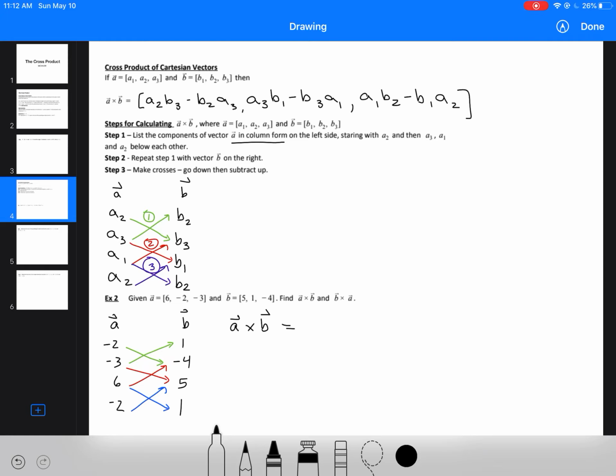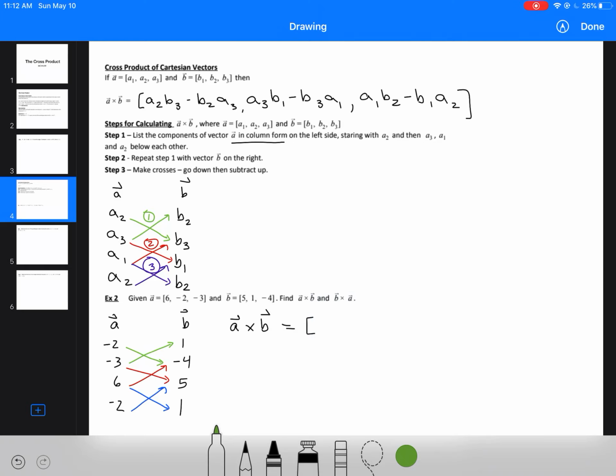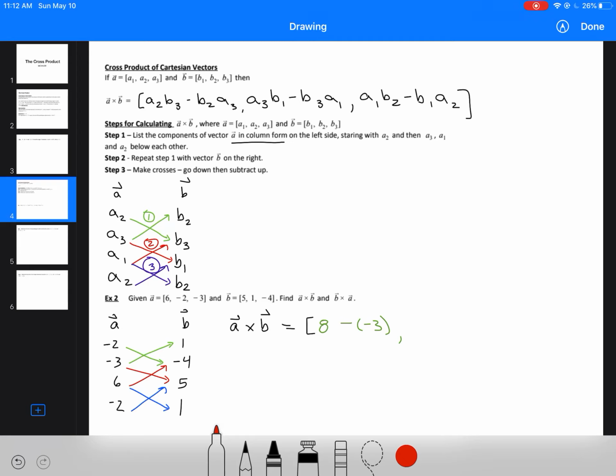So when you do those coordinates, let's write them out first. We should get 8 minus 3. Next one in red, minus 15 minus 24.